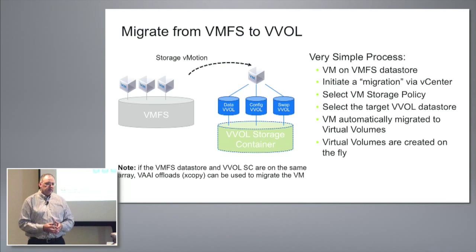So the NexGen product supports VAAI. So if you do this storage vMotion from a VMFS data store on the NexGen array, and then you want to go to virtual volumes, it'll be XCOPY offloaded with VAAI.